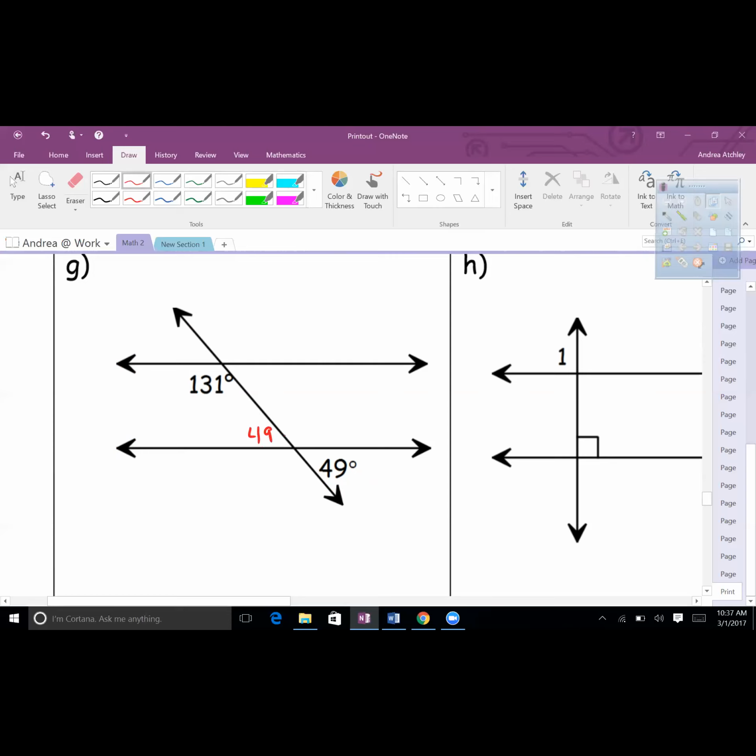And those should be congruent then. And then 131 plus 49 equals 180. And then same side interior angles are not congruent, they are supplementary.